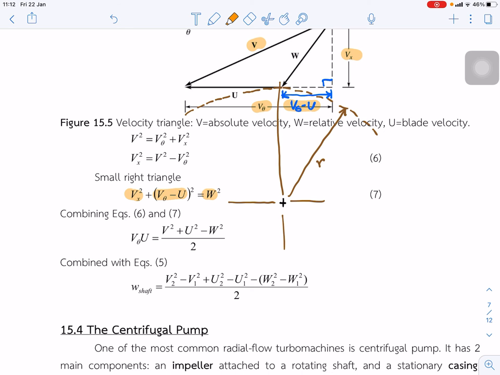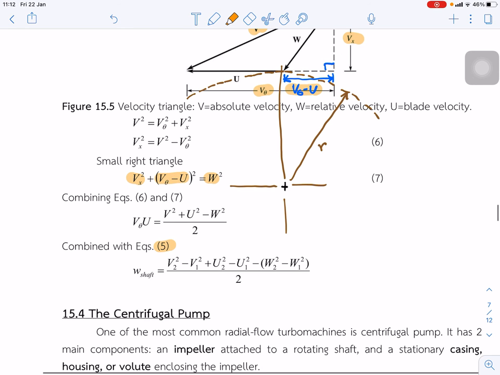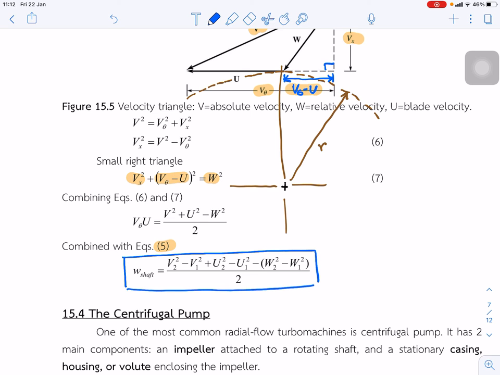We combine both equations together with equation 5, so we can write the equation of the work per unit mass of these turbomachines. It depends on the velocity vectors: the absolute velocity, the rotor velocity, and the relative velocity.